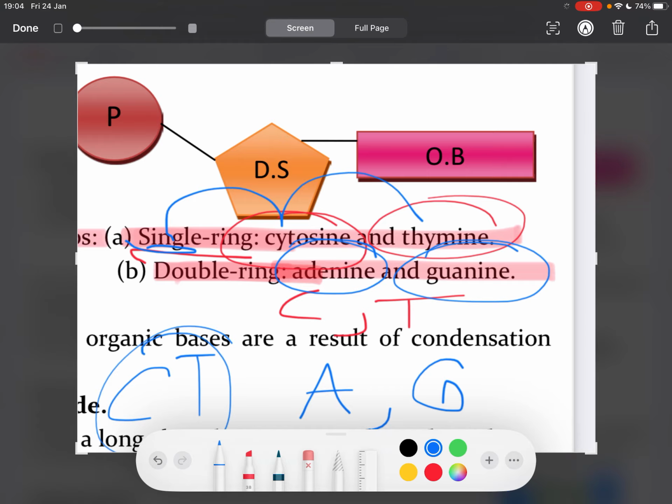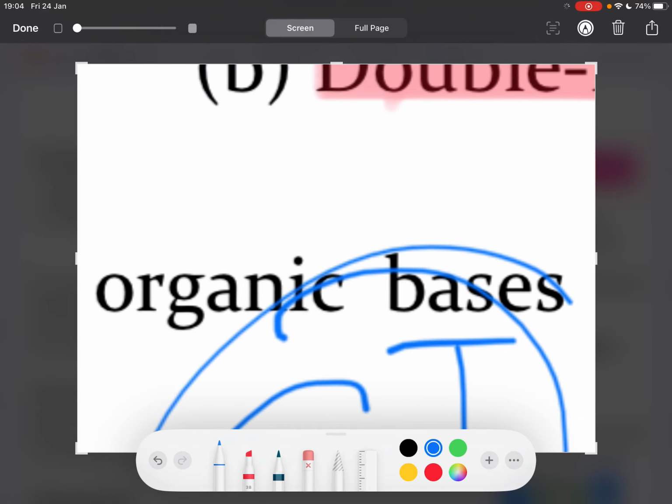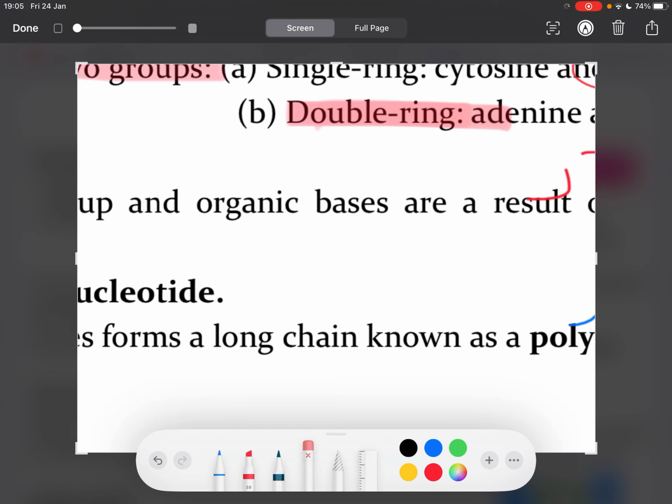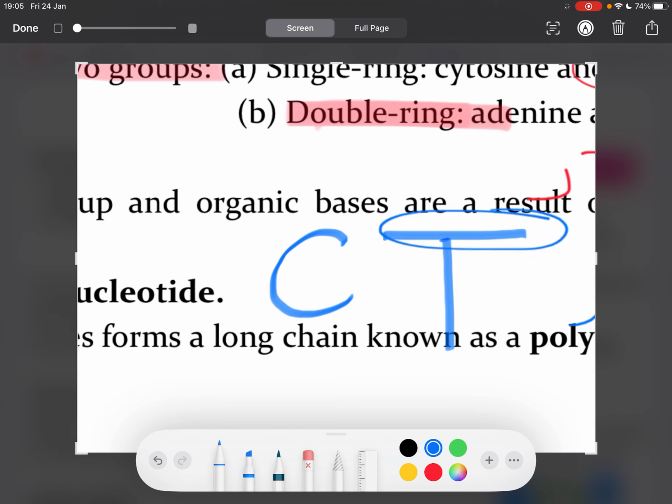Single is single. How can you remember? Let me tell you. We have the letter C, and then the letter T. These are single, like this is only one line, and this is only one line.